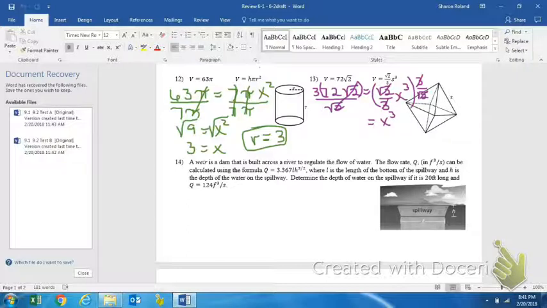So on the left-hand side, you just do 3 times 72, which is 216. And that's what x to the third power is.